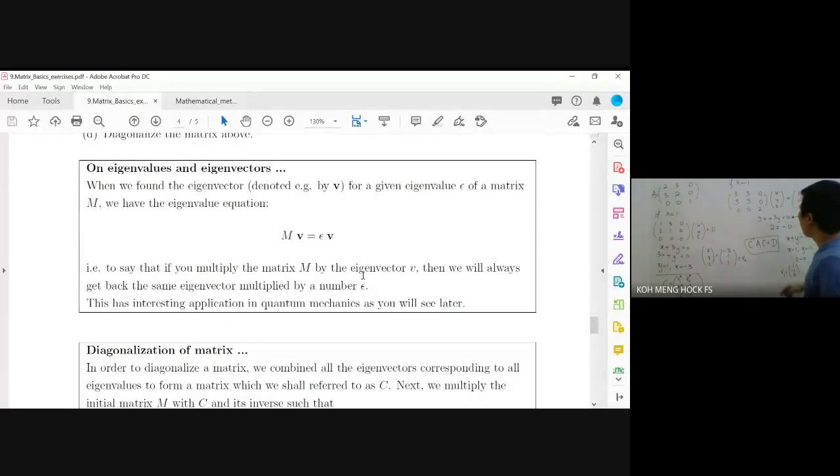If let's say you have already found the eigenvectors, if you use this matrix and you multiply it by the eigenvectors, you should always get back the same answer. Okay, so if you didn't get back the same answer, it means the eigenvector is not the correct one. Let me just rub this.